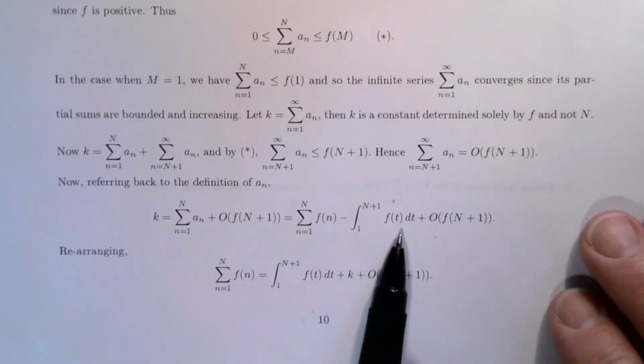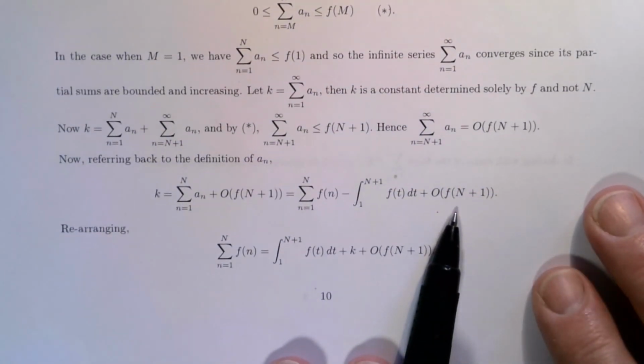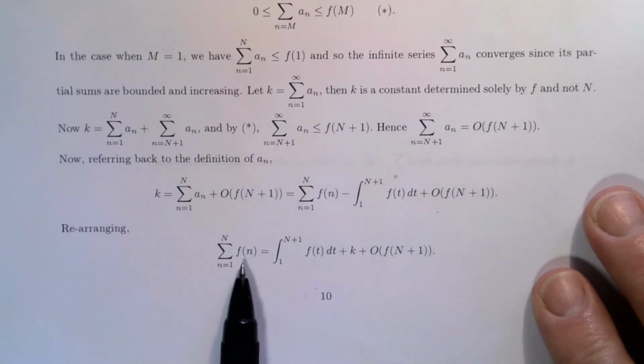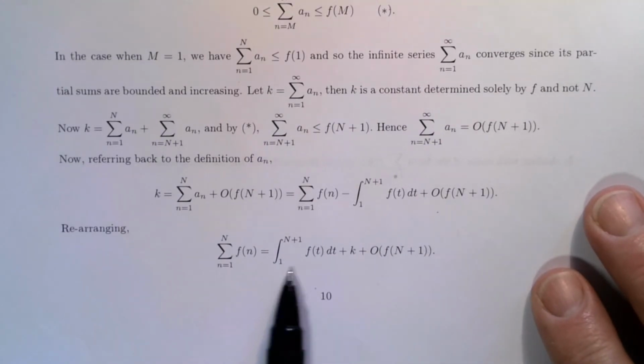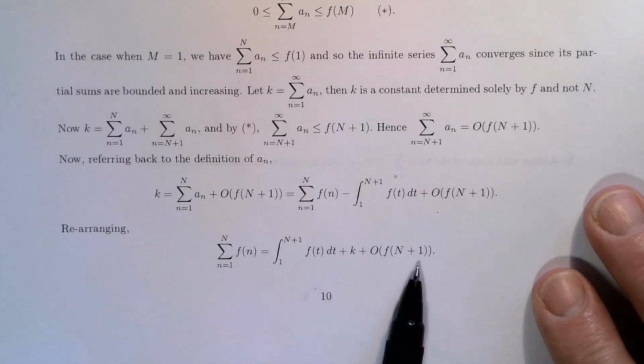And of course we've got plus big O of f of N plus 1. And rearranging this gets me the sum for n equals 1 to capital N of f of n is equal to this integral plus this constant k plus big O of f of N plus 1.